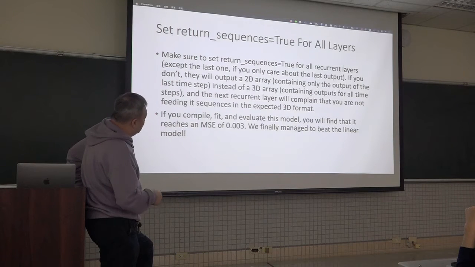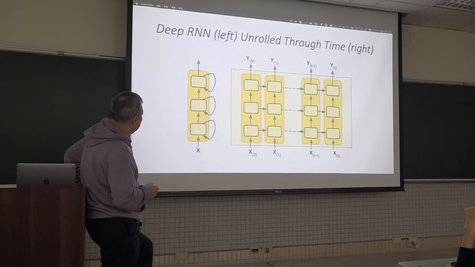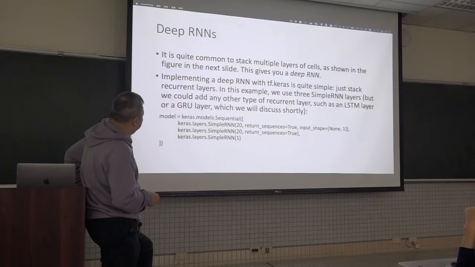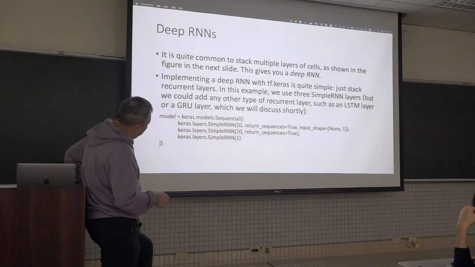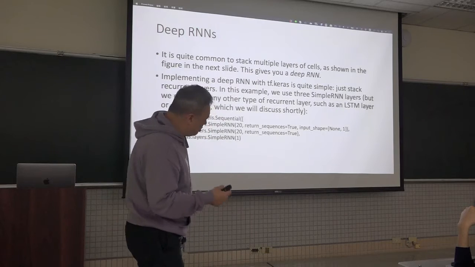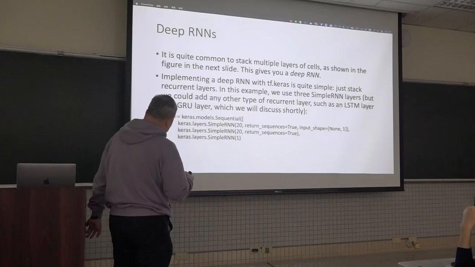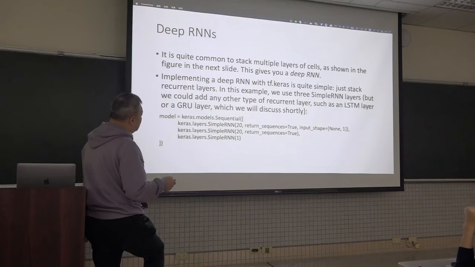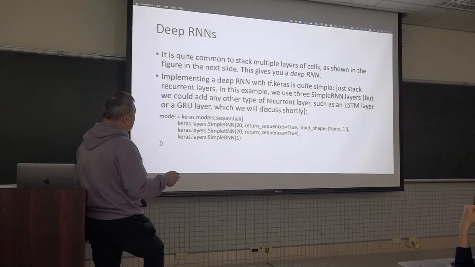And think about how many neurons we have. We have 41 in total, right? So we do have more parameters in this model, but we also outperform the linear model.